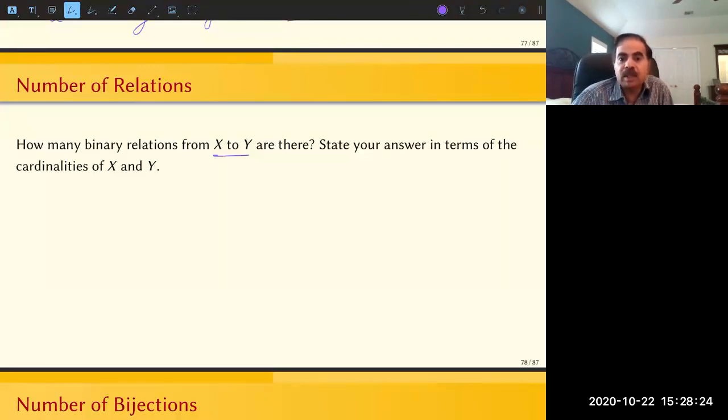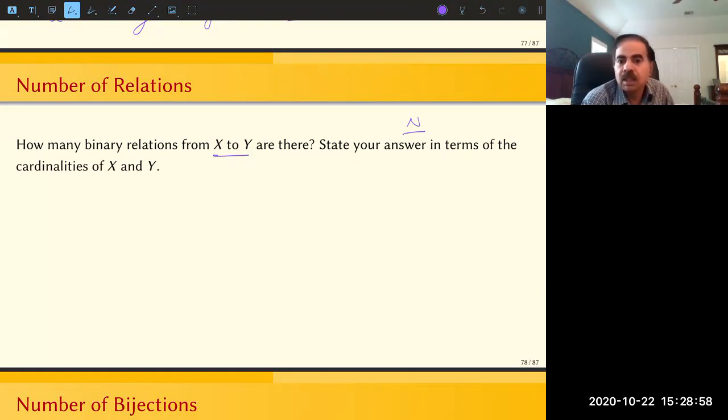When we were thinking about cardinalities of sets, we discussed the cardinality of the set of all binary relations on N, right? So we have done this before.